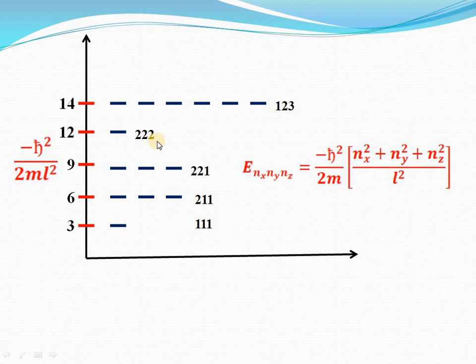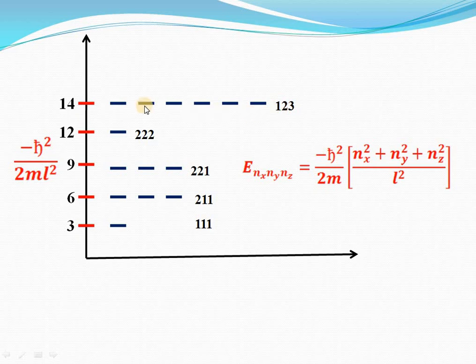Similarly, the energy level E222 can be expressed in only one way, so it is a single system. It has no degeneracy. On the other hand, the energy level 1, 2, 3 can be written in 6 combinations.